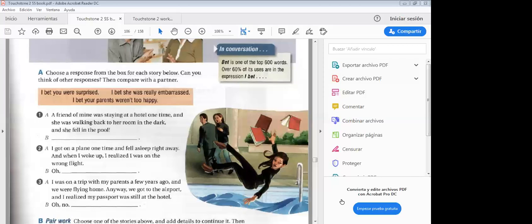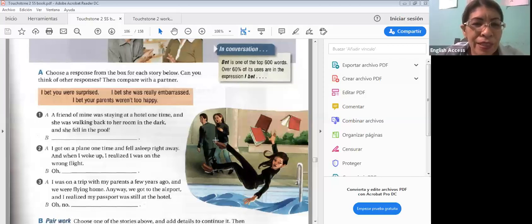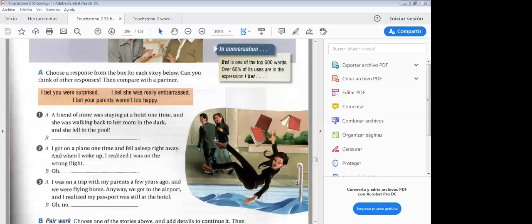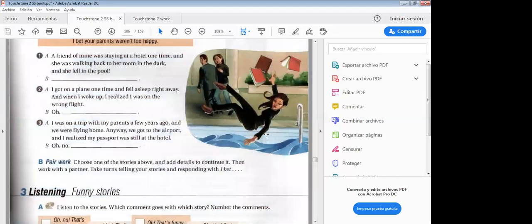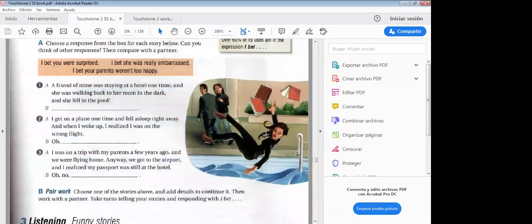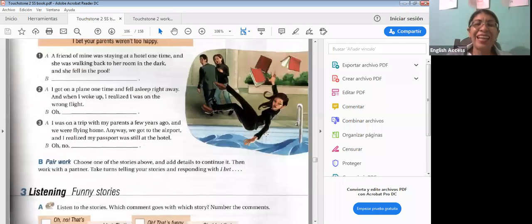Oh, I bet you were surprised. Right. And number three. I was on a trip with my parents a few years ago, and we were flying home. Anyway, we got to the airport and I realized my passport was still at the hotel. Oh no, I bet your parents weren't too happy. Okay, correct.